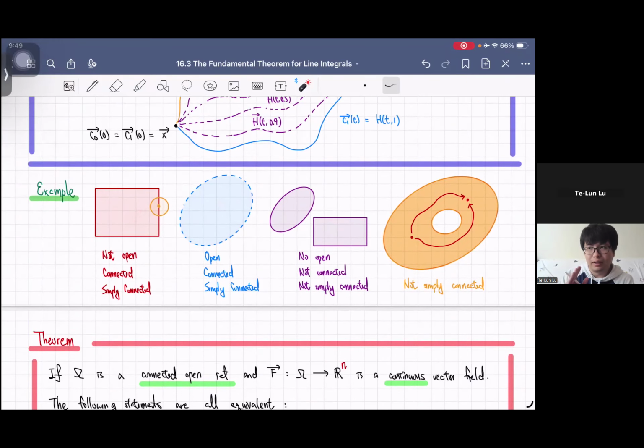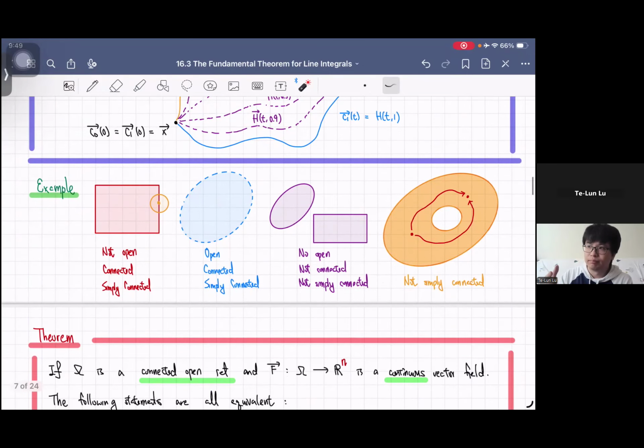Strictly speaking, there's a difference between path connected and connected in mathematical terms, but we won't be dealing with so much mathematical terminology and proofs, so let us just call it connected. You see that these two points are connected because for every two points, you can always find a line to connect them, right?